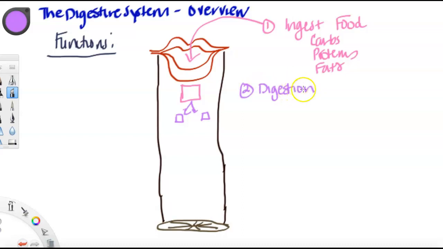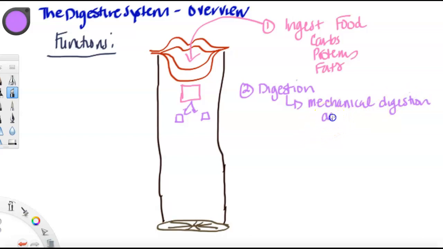All right, there's two facets to that. There's two ways that we digest food. There's mechanical digestion. So of course that's chewing, things like that.